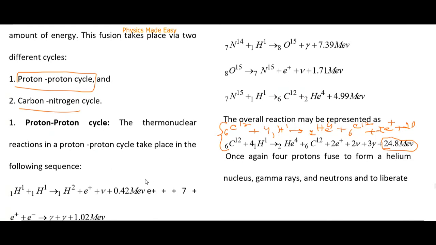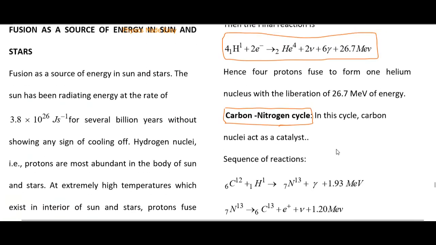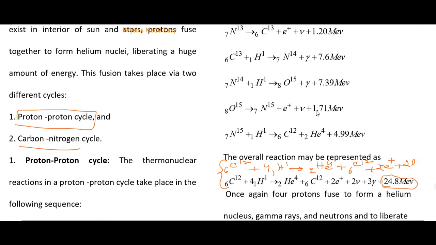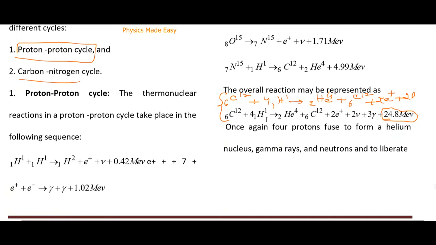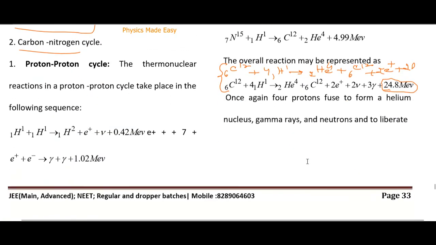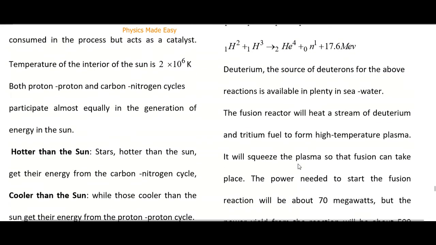The proton-proton cycle and the carbon-nitrogen cycle are the sources of energy of stars. In both cases, 4 protons combine to form helium; one is catalyzed by carbon and the other is not. These two things should be borne in mind.